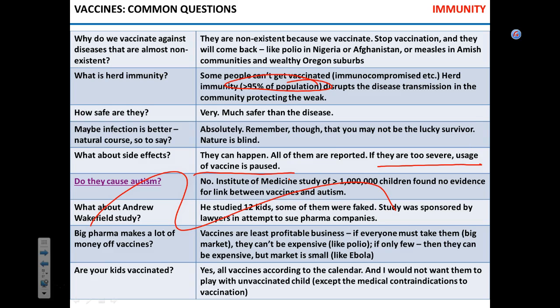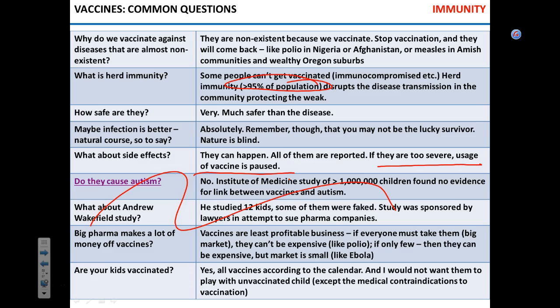If you have, I don't know, $1 million a month income, you're going to get your kids vaccinated, and if the vaccine costs $200, even with the insurance, it's not a problem. Now, if your monthly income is $10,000, and the vaccine costs $200, then it becomes kind of a problem.